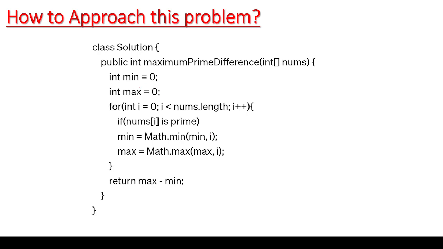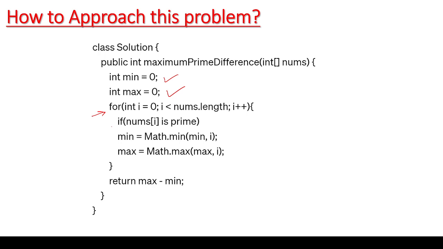This is not the complete program, but I'm trying to show how you will approach it. The first thought in your mind should be: I'll take a min index and a max index, and I will iterate from i equals 0 to the length, going through the full array.